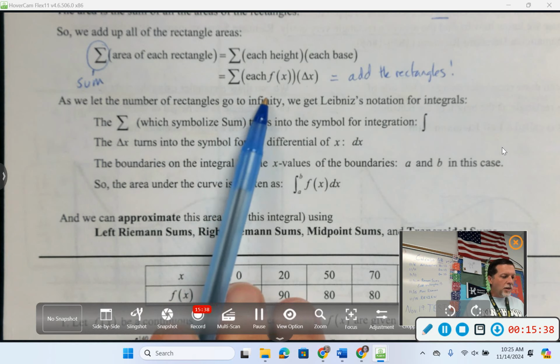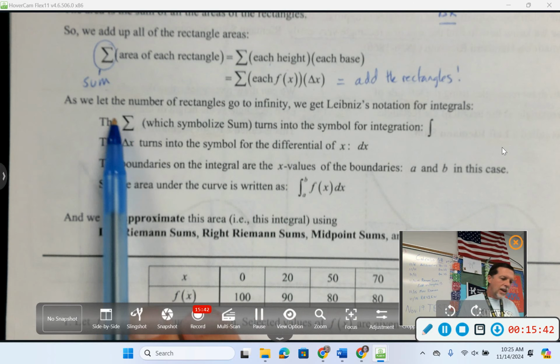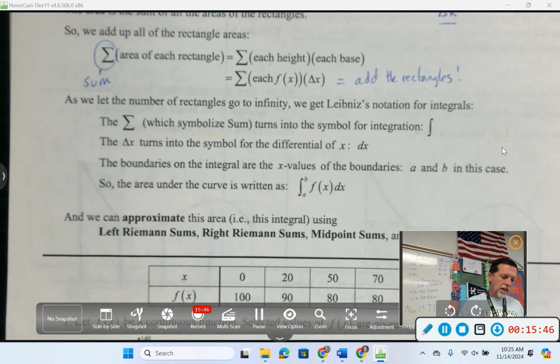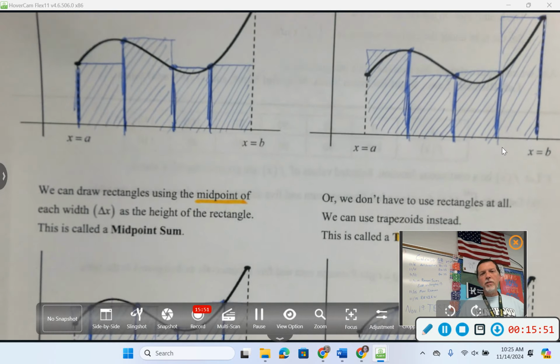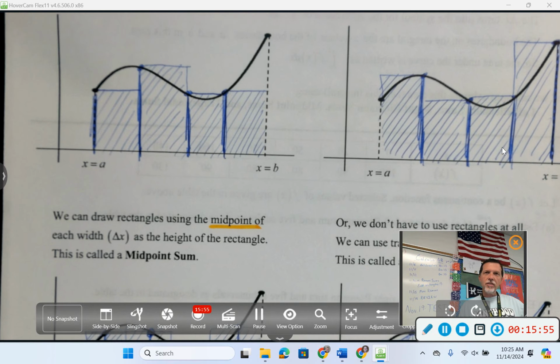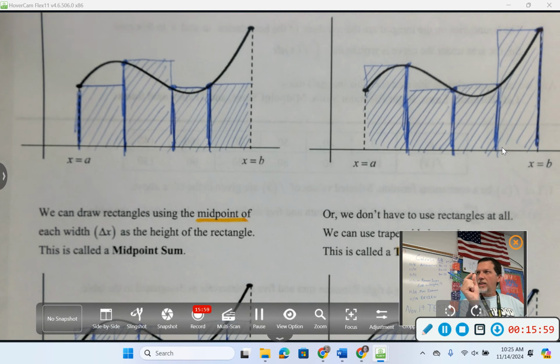All right, then we make this significant jump, and this is where Riemann really gets credit, because if we let the number of rectangles go to infinity, let's back up a second. What would give us a more accurate area under the curve? Yeah, more rectangles of smaller width.